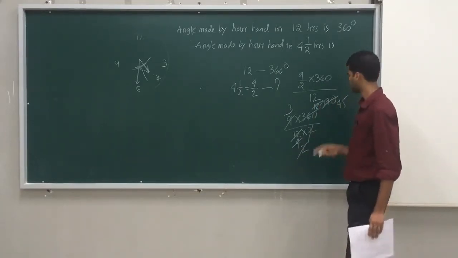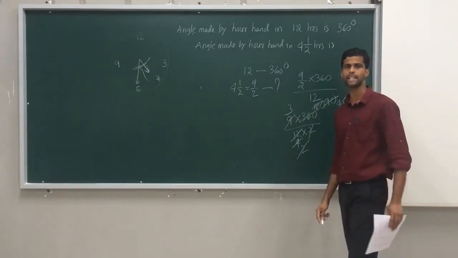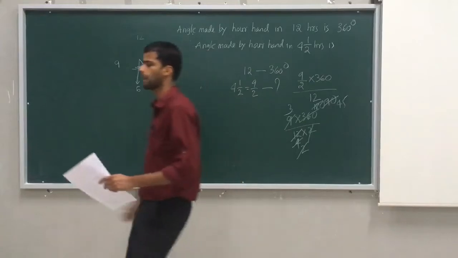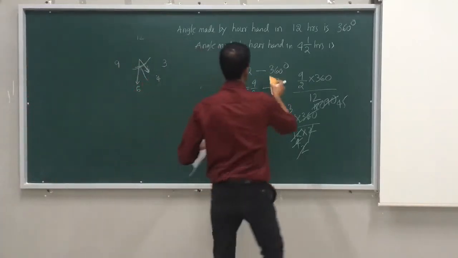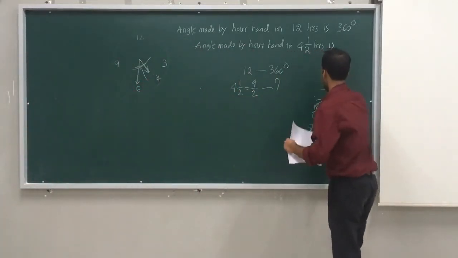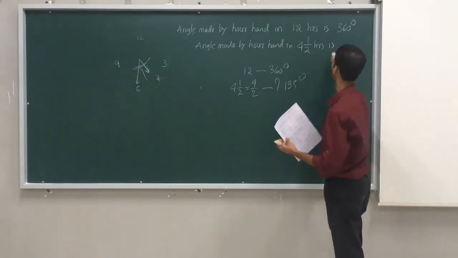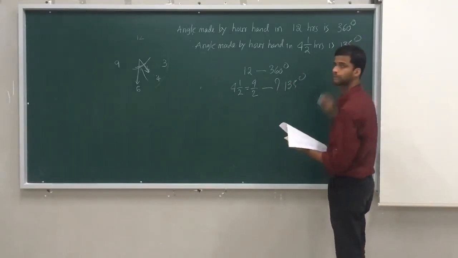So 45 threes are 135. So what is the angle made by the hour hand in 4.5 hours? It is 135 degree. Yes. Therefore, the angle is 135 degree.